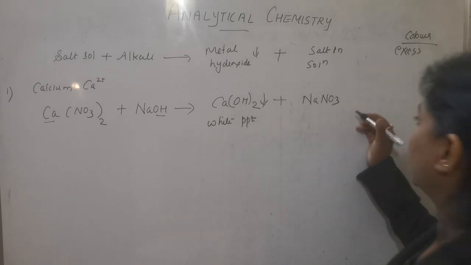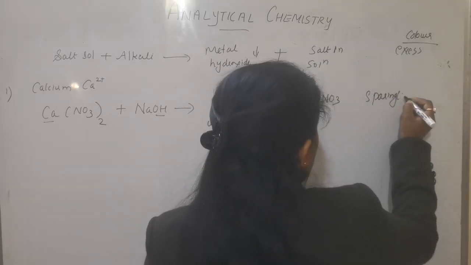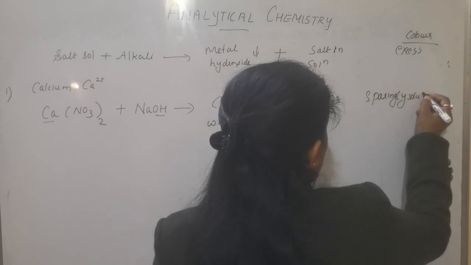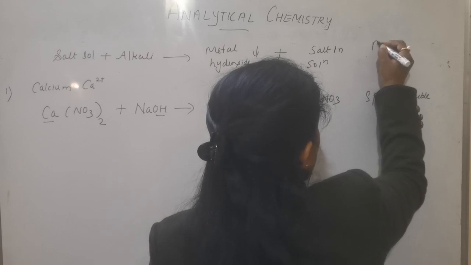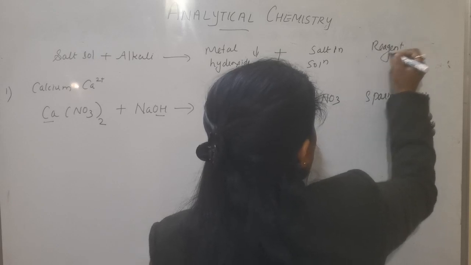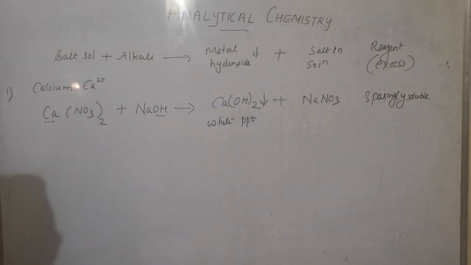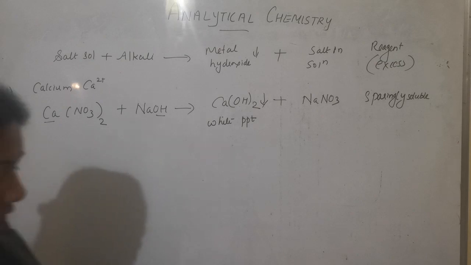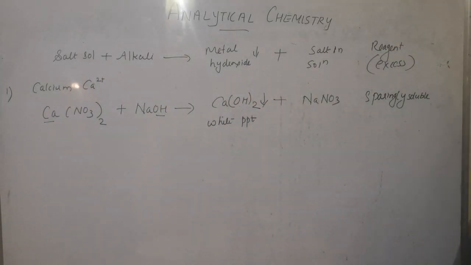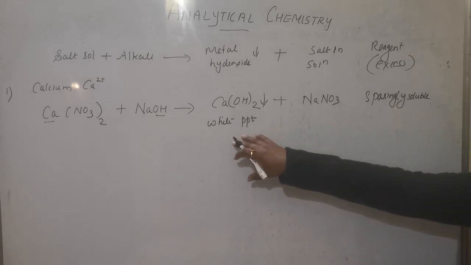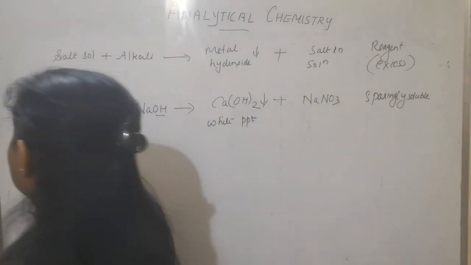This precipitate will become sparingly soluble. So if you get a white precipitate by the addition of sodium hydroxide reagent, then you could presume that the given salt could be a calcium salt.